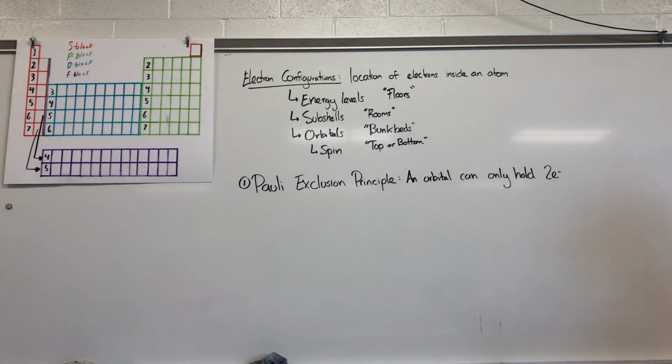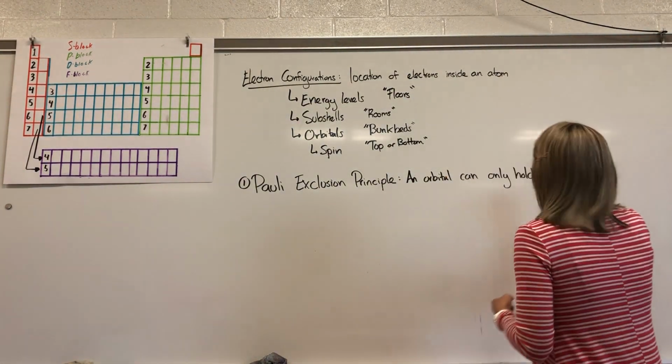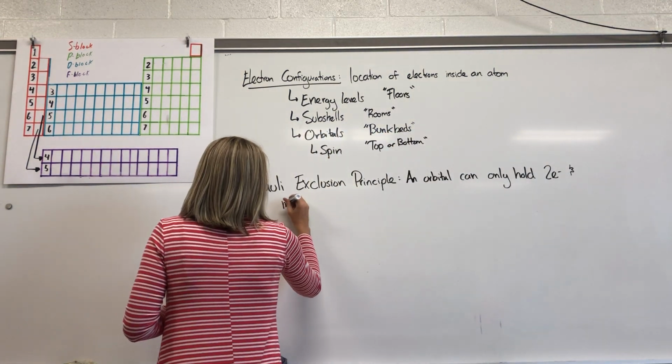That's why I picked bunk beds for my analogy, because a bunk bed can hold 2 people while keeping it rated G. Now, according to Pauli's exclusion principle, these electrons also must have opposite spins.